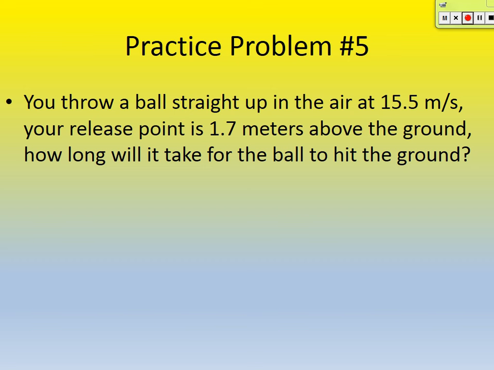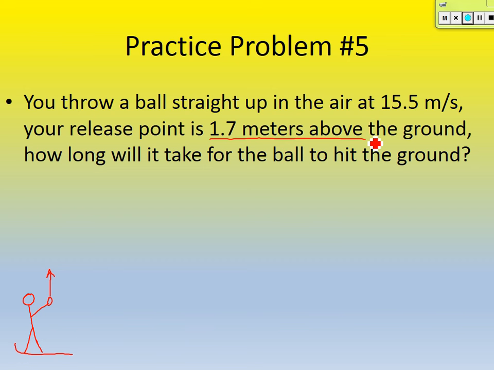Okay, so there's a lot going on here. I think if you follow step number 1, which is to draw a picture, let's do that. Okay, so here you are. You're on the ground. You're going to throw this ball up into the air. But it says your release point is 1.7 meters above the ground.